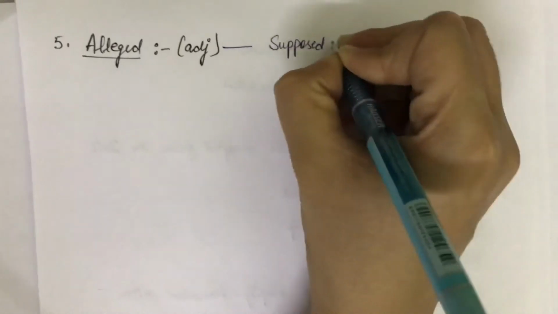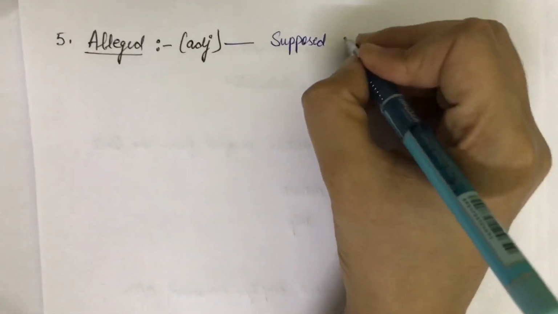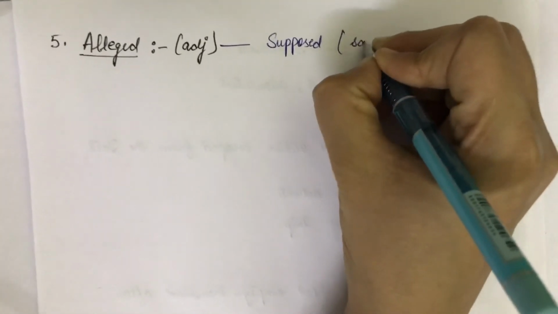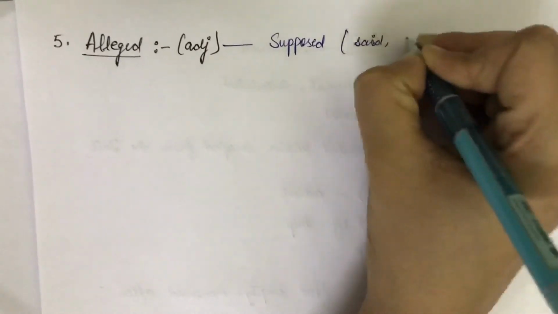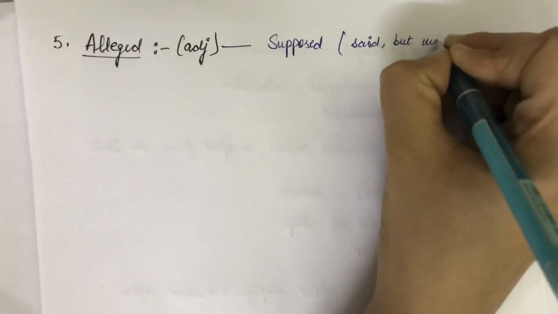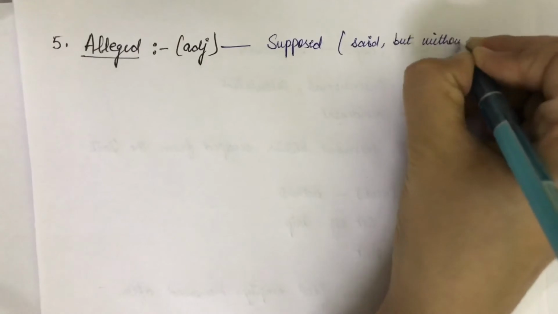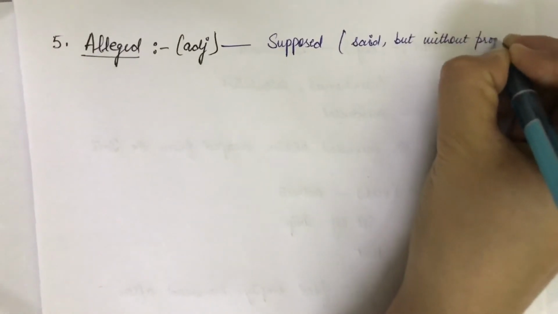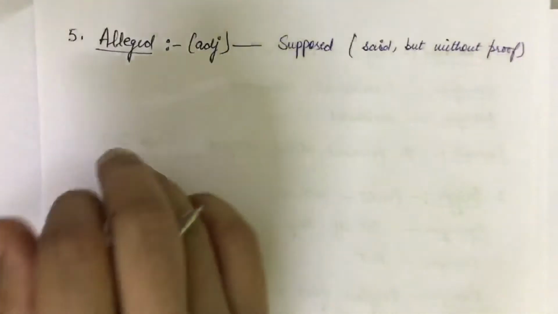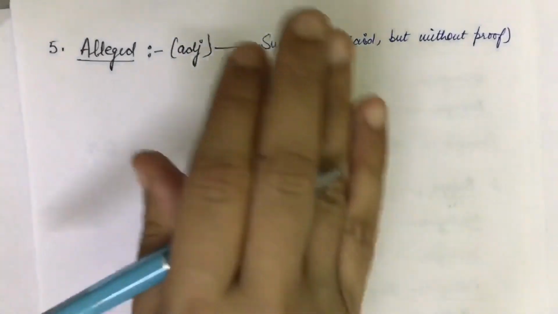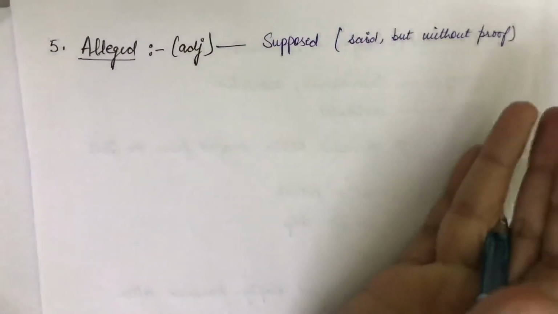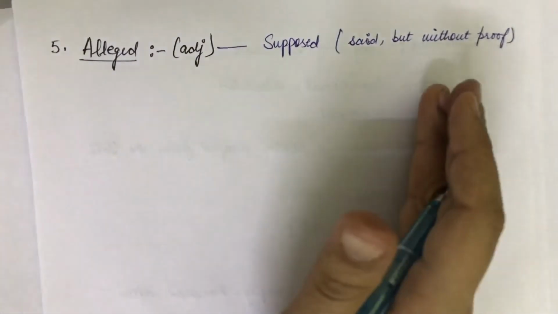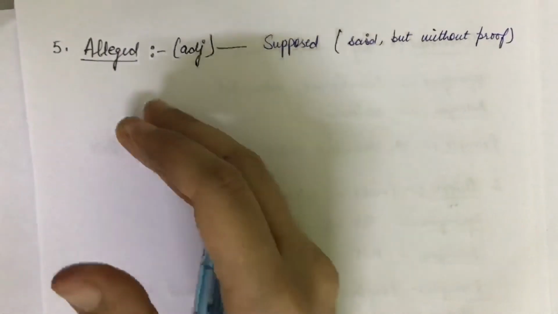Okay, or in other words, we can say something that is said but without proof. Someone said that, someone claimed that, but there is no proof for that thing. Okay, so in that case we use the word alleged.